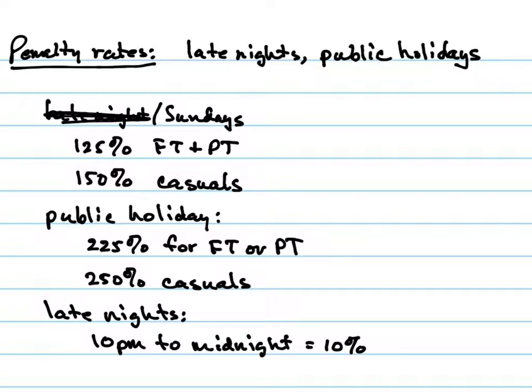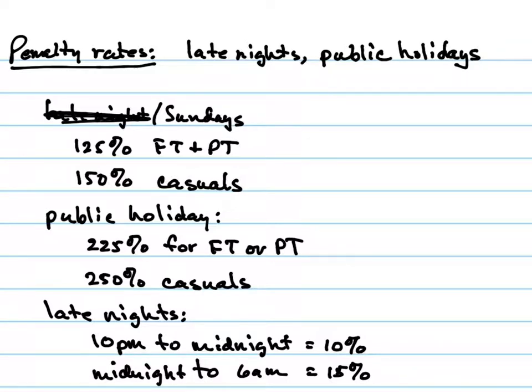Then, from midnight to 6 a.m., which is pretty much the start of the next day, you're going to get a 15% penalty. So you'll be paid 15% more for working those hours. And it doesn't matter what day it is. Okay? Now, you do not have to memorize this chart. All we're going to ask for is that you be able to use it.